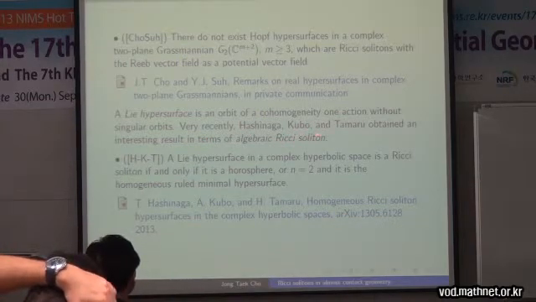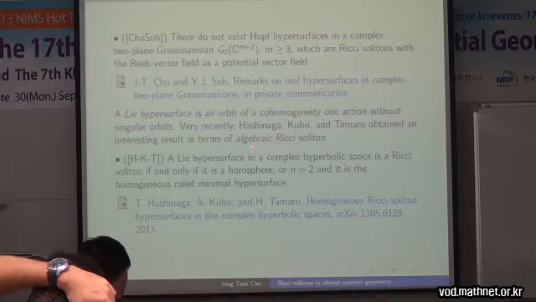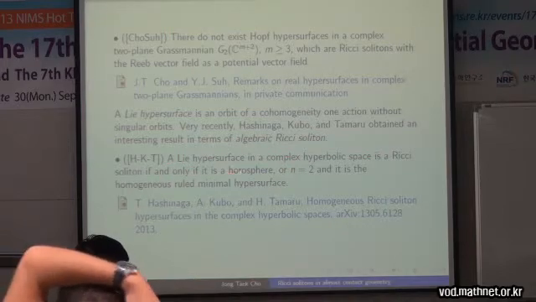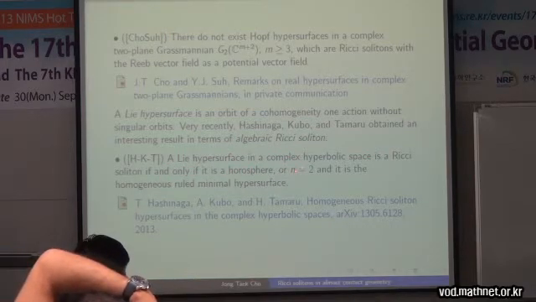They explained this notion. Then they proved that a Lie hypersurface in a complex hyperbolic space is a Ricci soliton if and only if it is a whole sphere, or n is 2 and it is the homogeneous ruled minimal hypersurface.